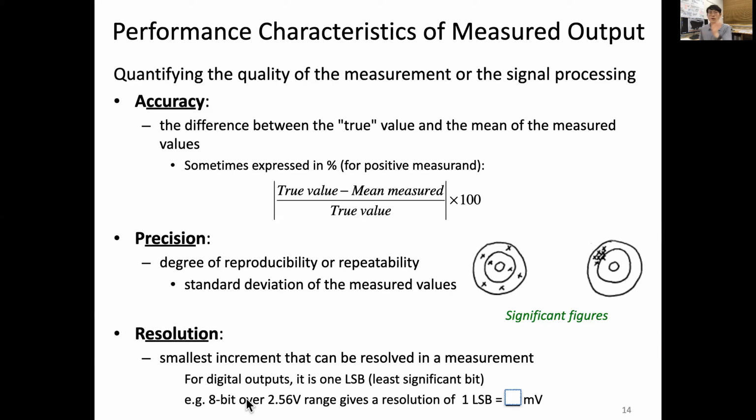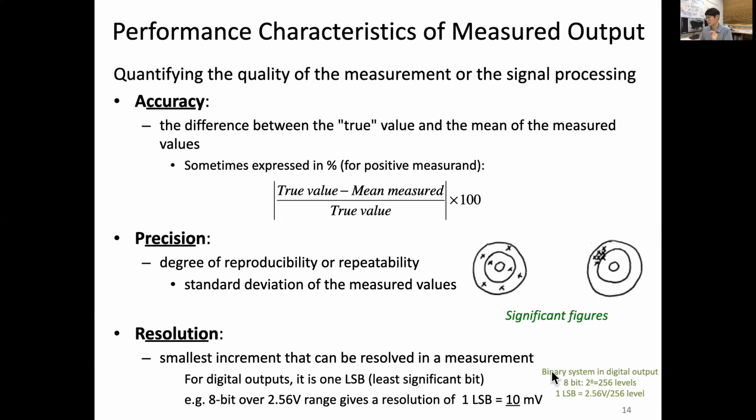So for example, 8 bits in a digital binary system will have 2 to the 8th, which is 256 levels. You want to measure about 2.56 volts with 256 levels, then you divide this and you will get 1 least significant bit as 10 millivolts.